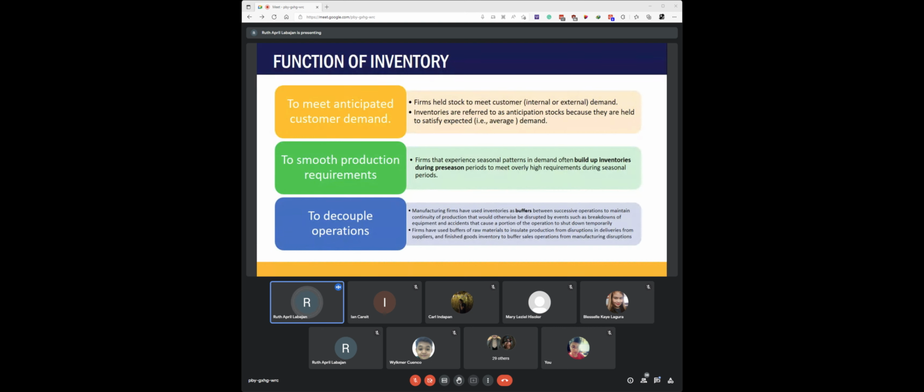So for instance, let's say that department A is a customer of department B. Meaning to say, department A needs products from department B, but they are within one company.